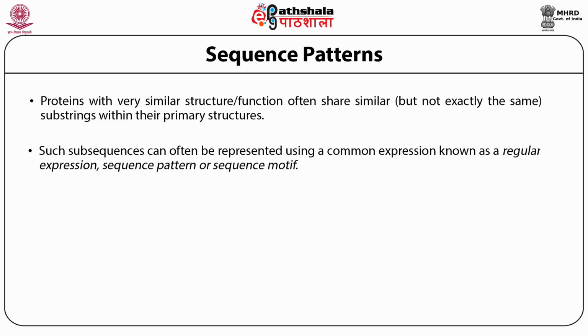So I might have a very long protein, and two proteins with similar structures and functions need not have the entire protein similar, something which BLAST would be finding, but there might be a small stretch here and a small stretch there which might be similar, and that similarity might translate itself into a similarity in overall structure or even in terms of overall function.